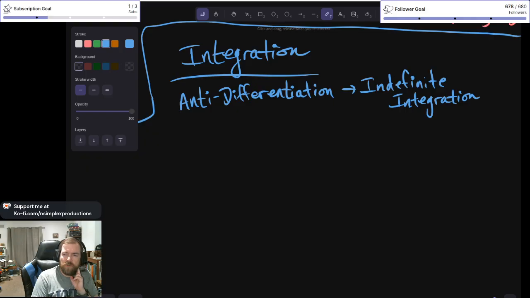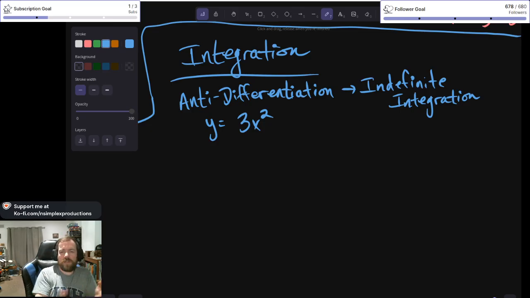So most of the time that we look at indefinite integration, we also call that anti-differentiation, because it is literally just reverse what you did for differentiation. Notationally, really what we want is to see something like this.